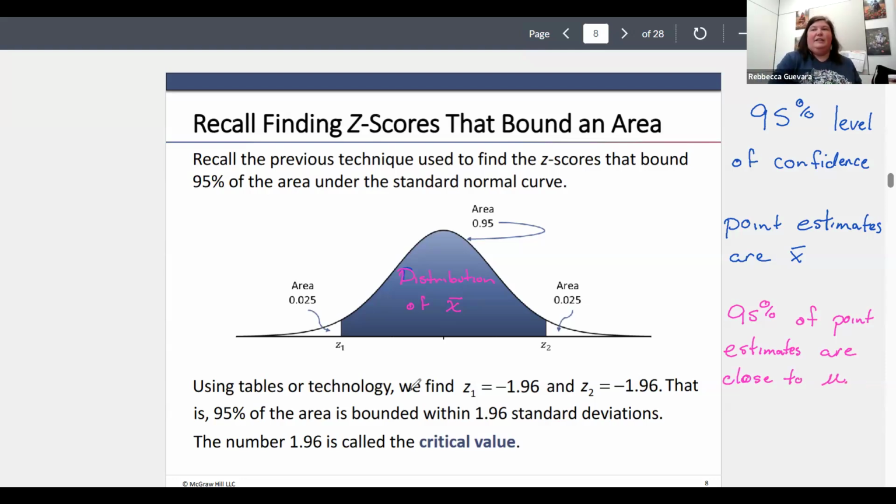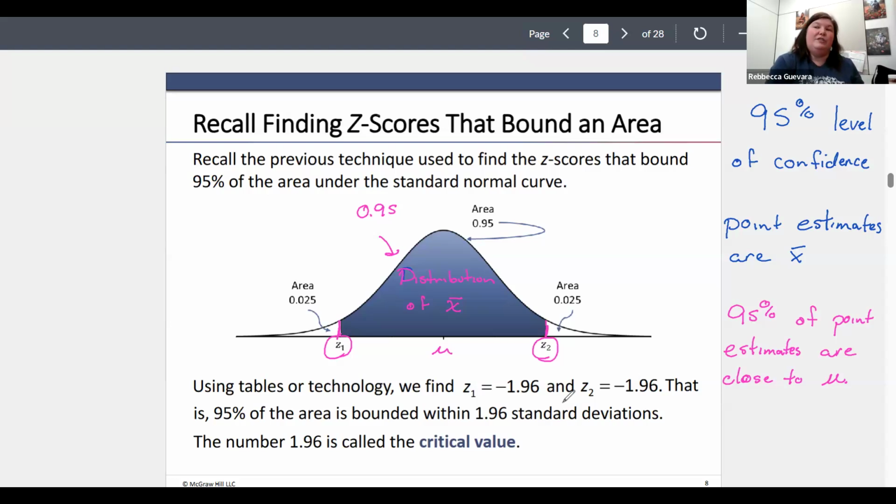This is totally the idea here. And remember, this is mu. That would be mu for a distribution. It should be exactly in the center. So what we're saying here is that we want to have 95% of these values to be really, really close to mu. So we make a distribution where this area here is going to represent 95% in the center. So we need to figure out what Z1 and Z2 are.